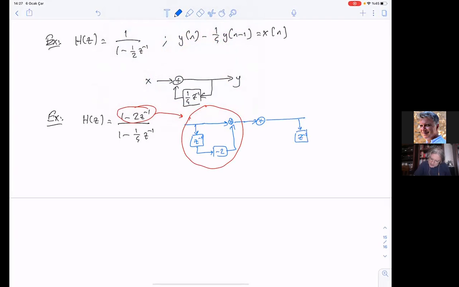There's a delay element, and then there's a factor of 1 over 4. The input is x, the output is y.